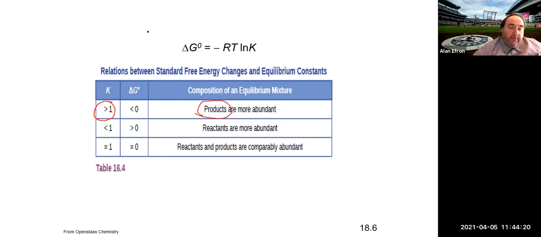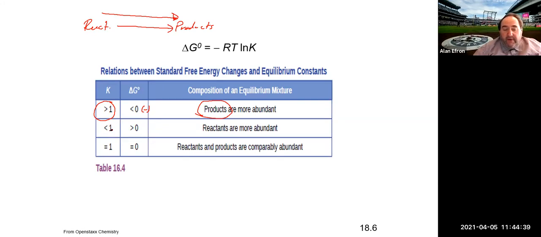And if you mainly have products, it's probably going to imply that this reaction is going from reactants to products, which means that probably our delta G here would be a negative value to imply that it is a spontaneous process happening in this direction.